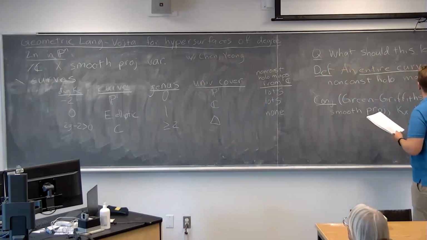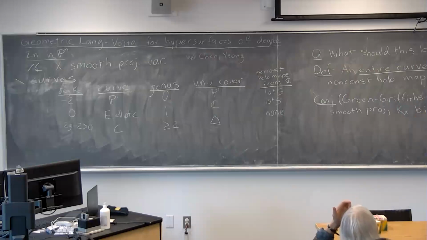And the canonical bundle is positive. So K_X is big; if you're not familiar with big, think of K_X as an ample line bundle. As you take tensor powers of it, you get lots and lots of algebraic sections. Then what we'd like to say is that there are no non-constant holomorphic maps from C.